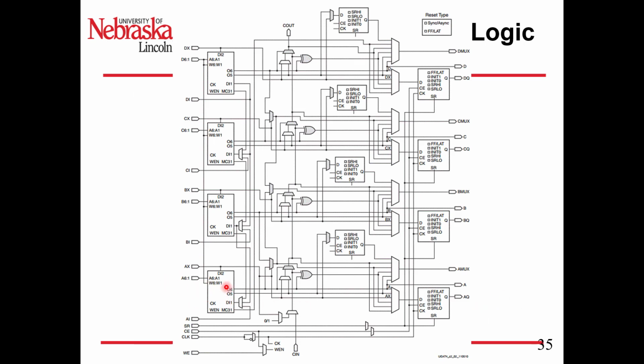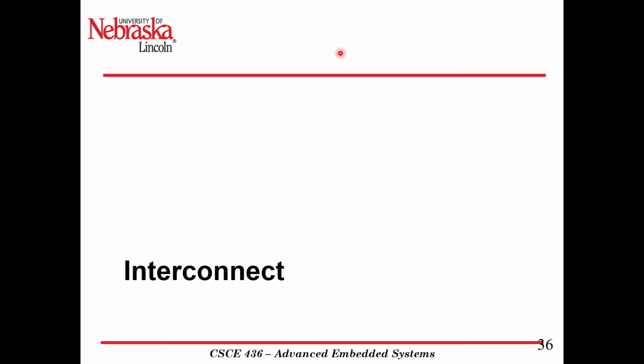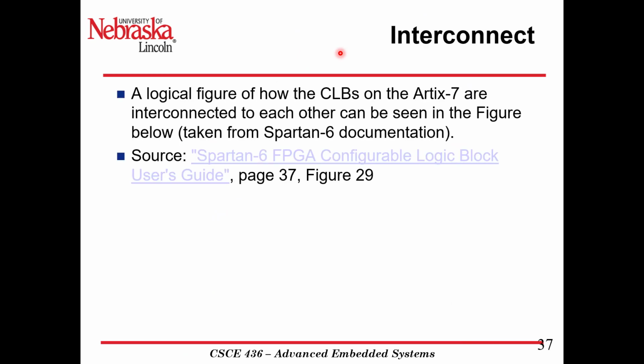So as we have these 4-bit inputs, A and B, we can add them and propagate through a carry out. How are all these slices interconnected though? This figure is from the Spartan 6 FPGA user guide, page 37, figure 29, linked from here.